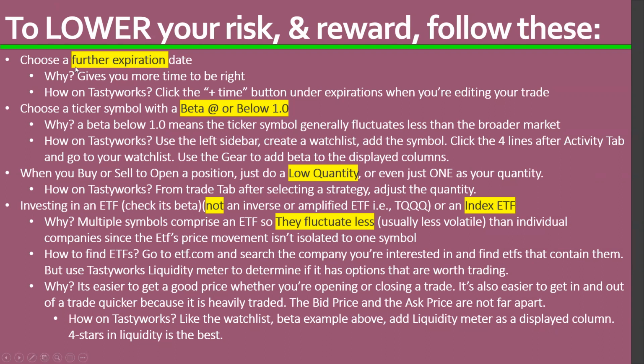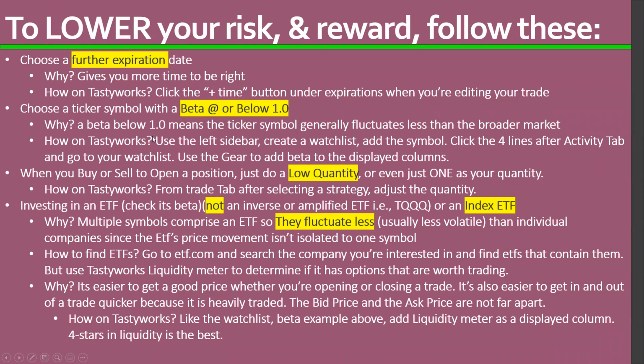One of the first things you can do to lower your risk is choose a further expiration date. The reason why is because it gives you more time to be right. Simple, right? How can we do this on Tastyworks? When you're on the platform, you're going to click the plus time button under expirations when you're editing your trade. Another thing you can do to lower your risk is choose a ticker symbol with a beta at or below 1.0.